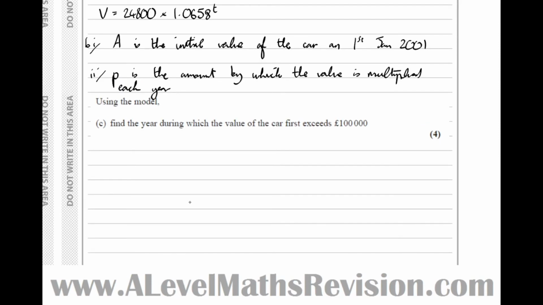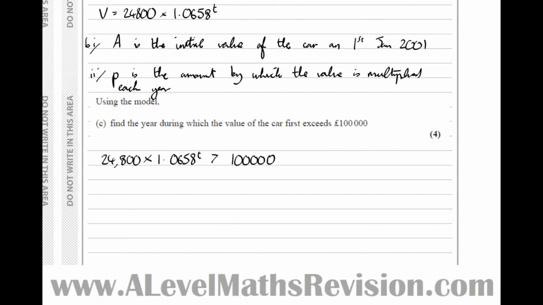So next part, part C, to orient ourselves with the question, it said, using the model, find the year during which the value of the car first exceeds 100,000. So we've got this model here, and we want it to exceed 100,000. So let's write that down, 24,800 times 1.0658 to the power of T exceeds 100,000.